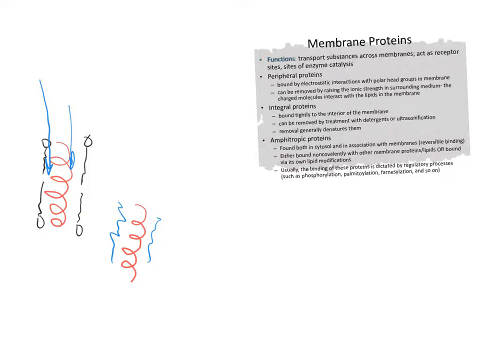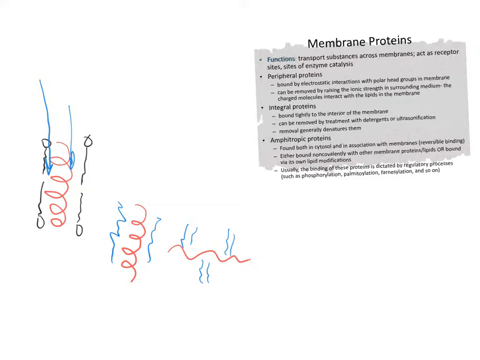No, what typically happens is it's going to unfold that protein, and then the detergent will just stick to the parts of the protein that are hydrophobic, or even completely encase it in a micelle. Okay. So it'll unwrap it.